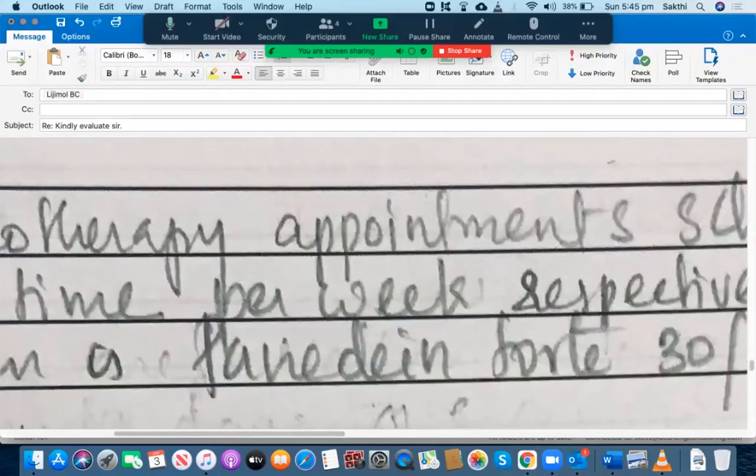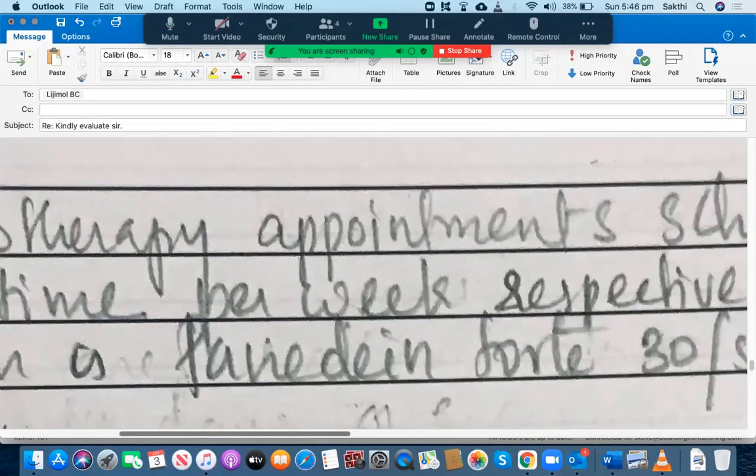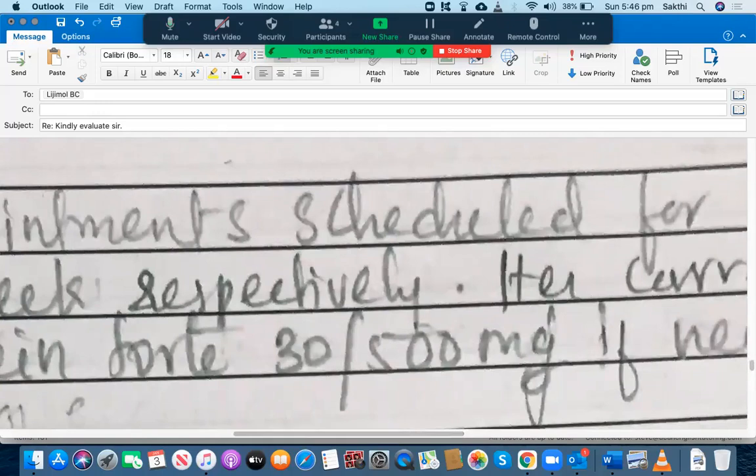See this one, appointments. Appointments need to use an auxiliary verb here. Appointments are scheduled. Do you understand what I mean?